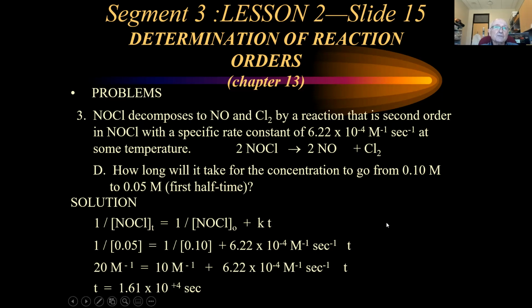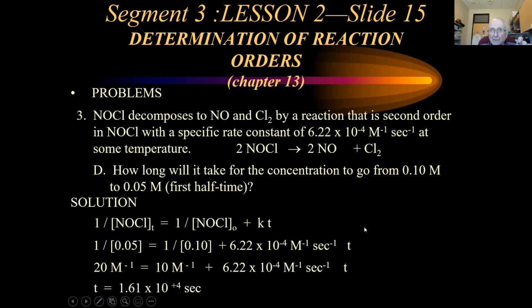Now, the C initial, you see, is going to change with each half time. So at one half time, you start out, say, with 1 molar, and then you can calculate what that half time would be. But when you go to the next one, you've got 1 over the initial concentration at the beginning of that second half time, which is 0.5. So it's going to be twice as long. You see where that's coming from?